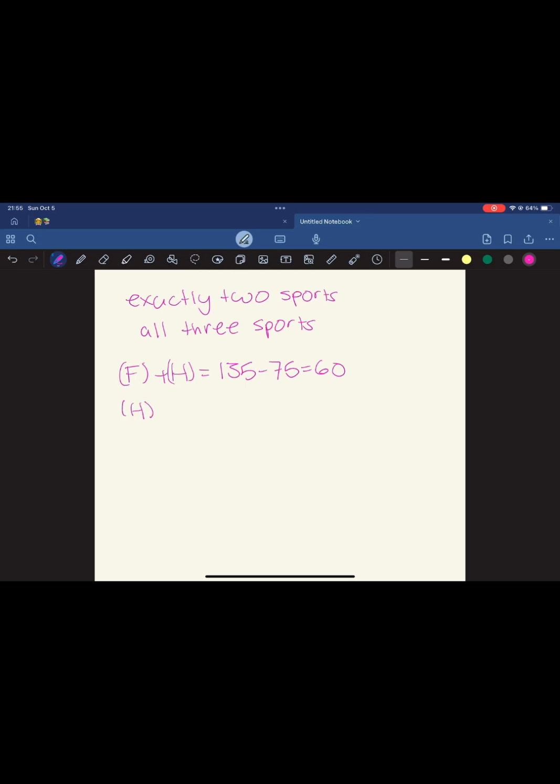And then for hockey and basketball only, we are going to have 145 minus 75, which is going to equal 70, of course. And then we have football and basketball only, which is 140 minus 75. That's going to equal our 65. So in total, exactly 2 sports is going to equal 195.